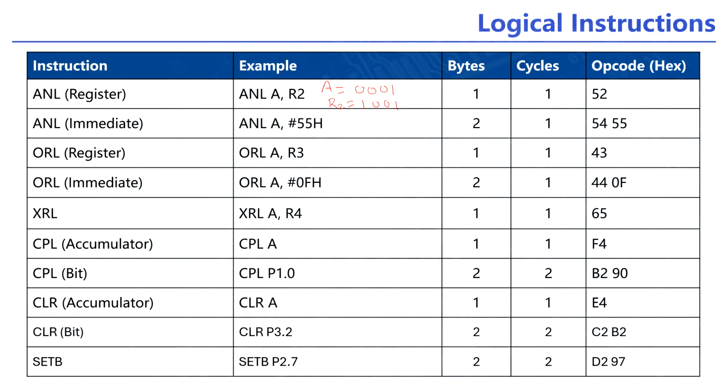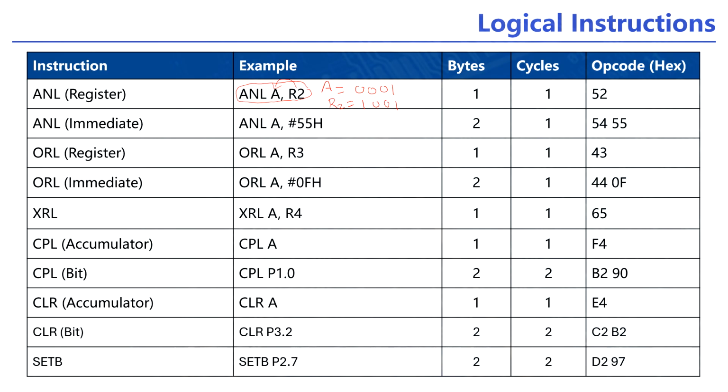Suppose we have the data in this way. After the execution of this instruction, what is the result? The result will be stored in the accumulator after the execution of this instruction.